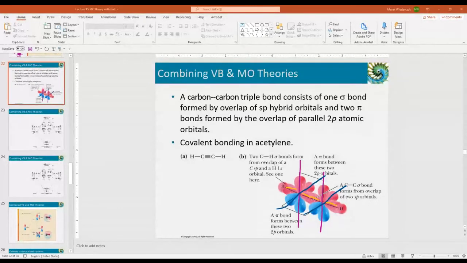For example, if you have two s atomic orbitals, they will form a sigma bonding orbital and a sigma anti-bonding orbital. And of course, the bonding orbitals are lower in energy than the initial atomic orbitals, and the anti-bonding orbitals are higher in energy.